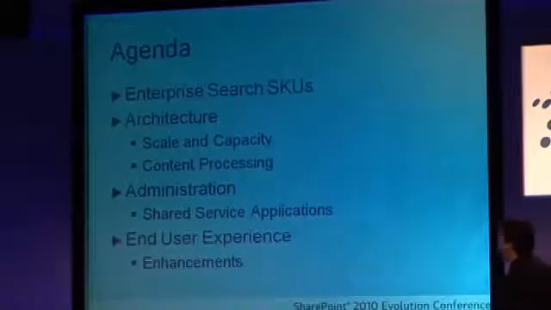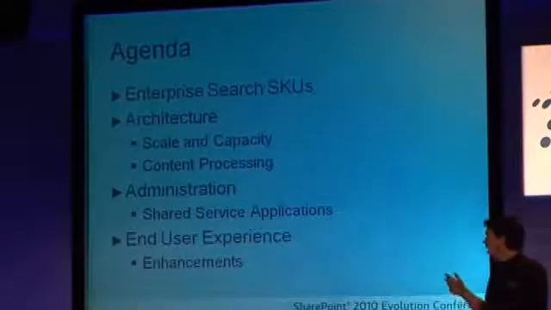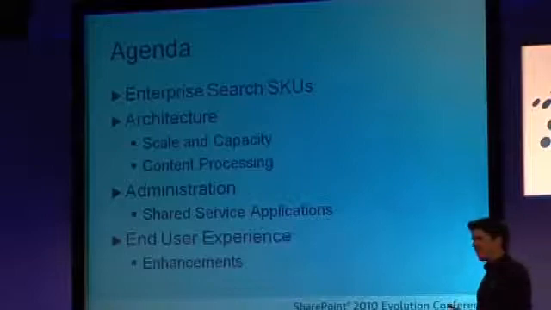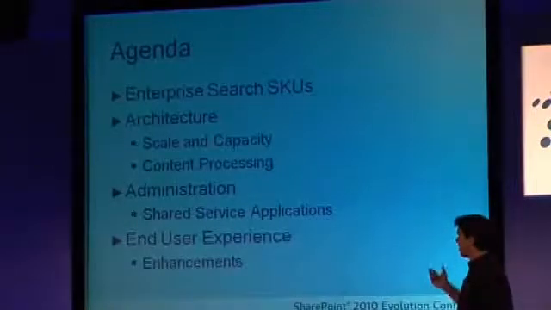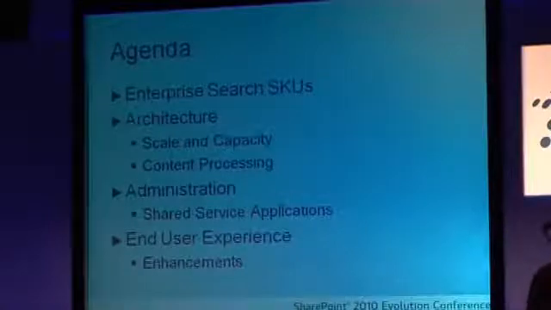Okay, agenda. I'm going to talk around the enterprise search SKUs very briefly and frame Fast and SharePoint within the context of what we're discussing. We'll move on to architecture. Neil is going to talk about scaling capacity, specifically within the context of Fast. I'm going to talk about the content processing pipeline and entity extraction, and why that's really, really cool.